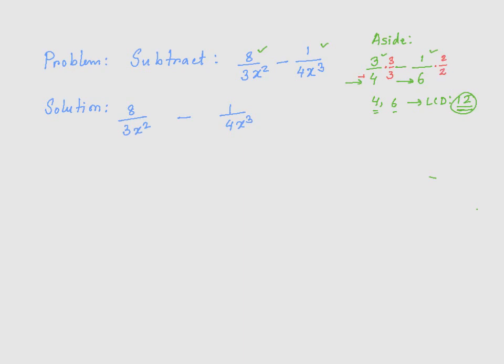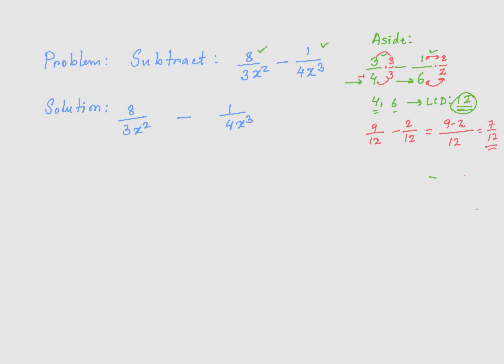Now I have 3 times 3, which is 9, over 4 times 3, 12, minus 2 times 1, which is 2, over 6 times 2, which is 12. Now I am comparing apples to apples. It's going to be 9 minus 2 over 12, which is, by the way, 7 over 12.